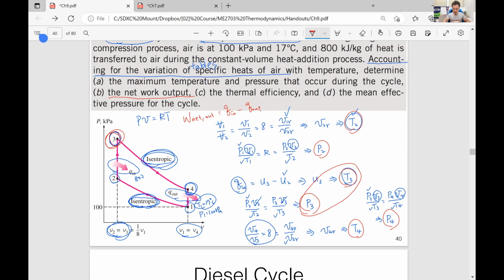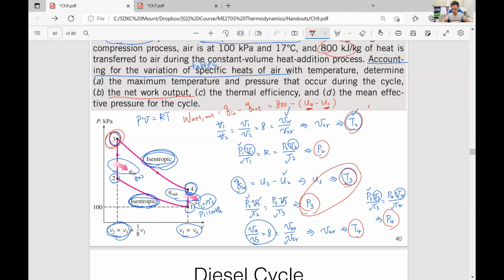So Q in is given. Q in is 800. And Q out is U4 minus U1. You know T4, you know T1, so you can find the internal energy using a table. So this is the net work out.